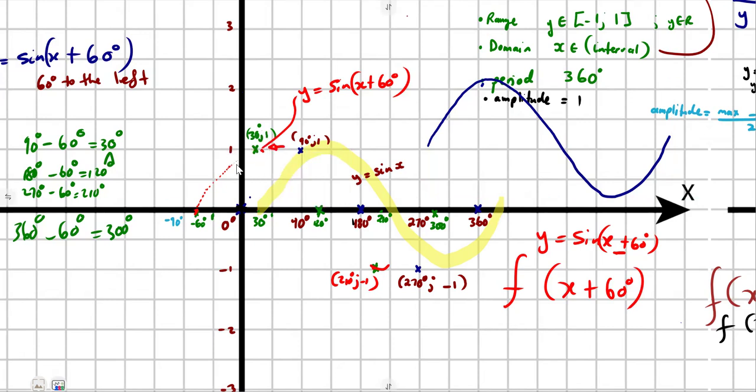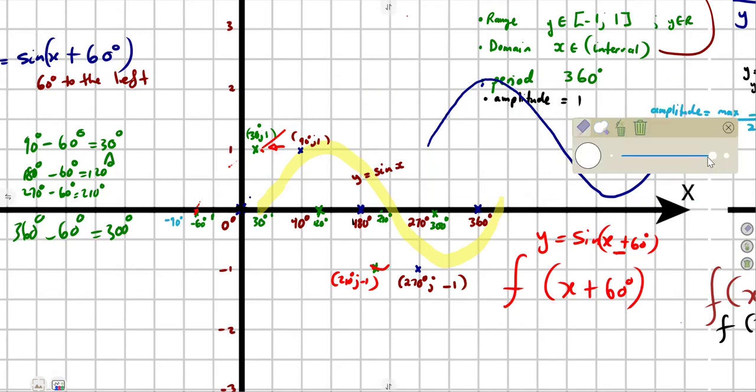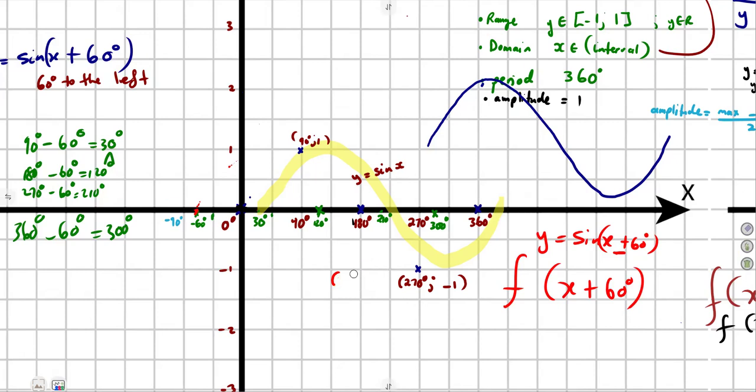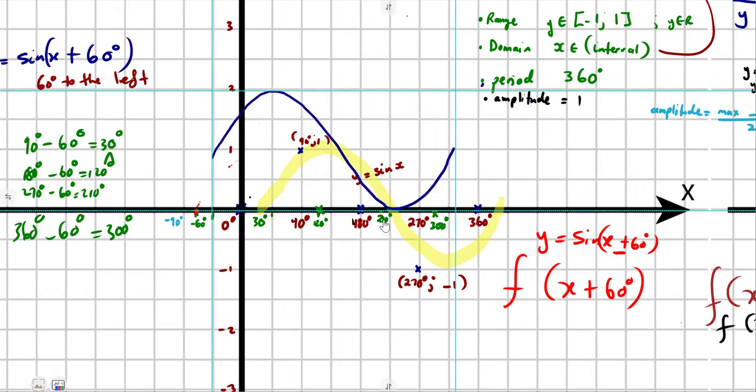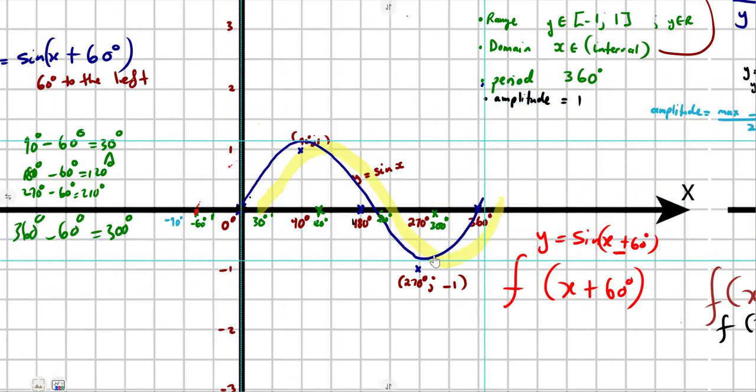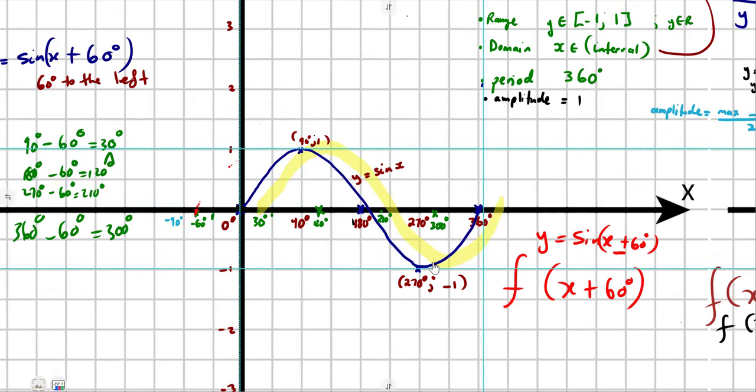It is going to affect the period, because sine of x completed its complete cycle within what? 360 degrees, if we still remember properly. The whole cycle, this one, was completed in 360 degrees.